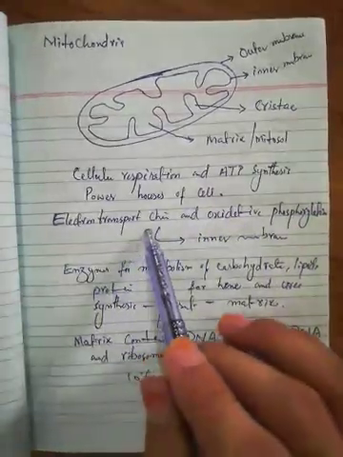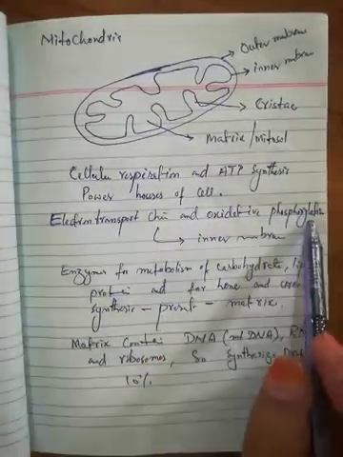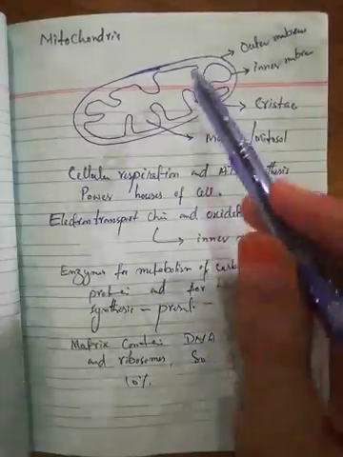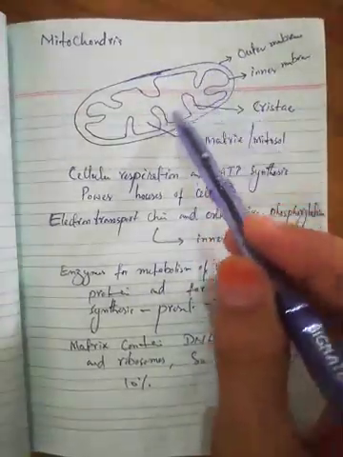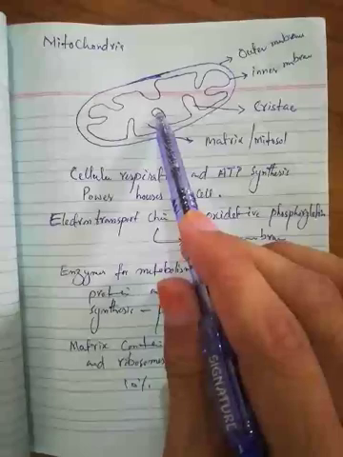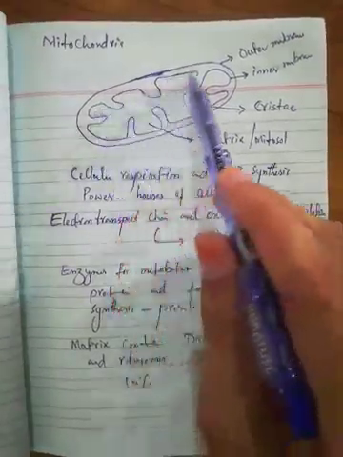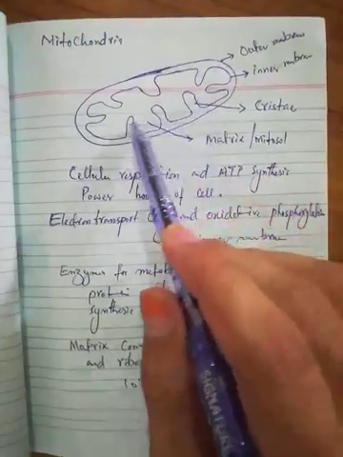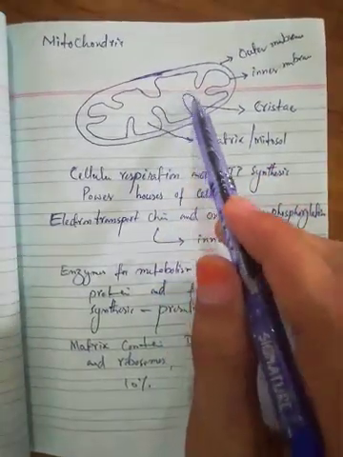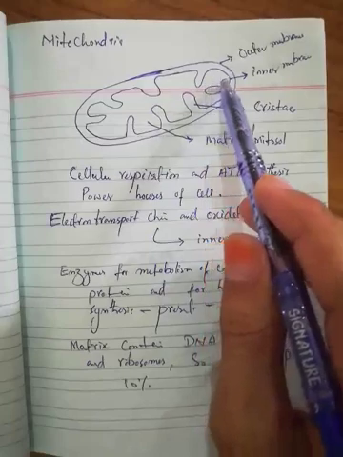Electron transport chain and oxidative phosphorylation, these processes occur in the inner mitochondrial membrane, and this inner mitochondrial membrane is folded to increase the surface area.